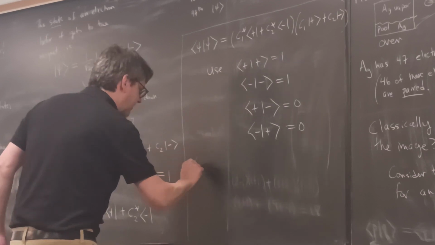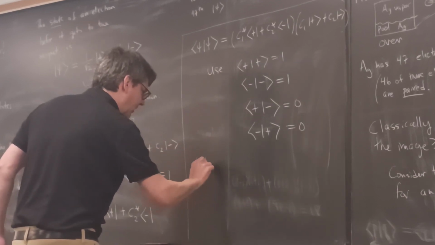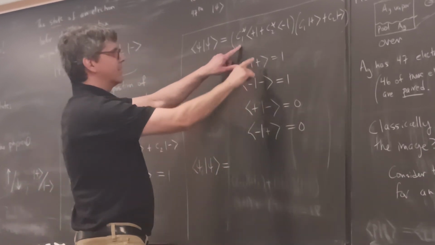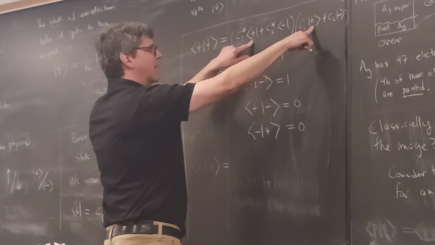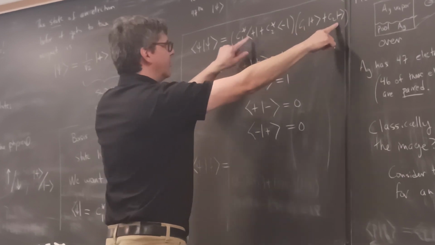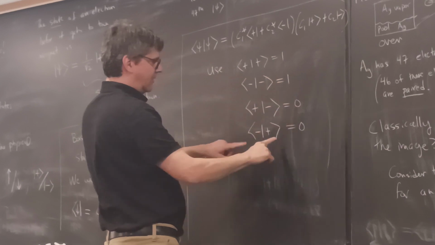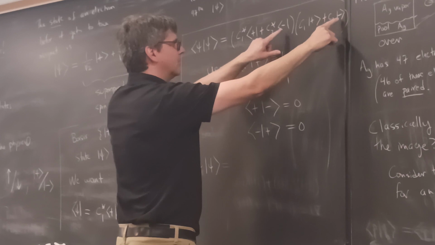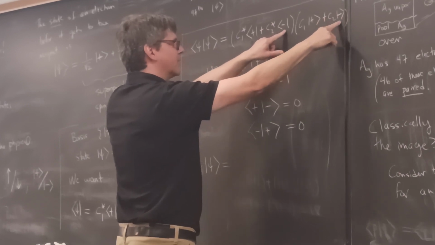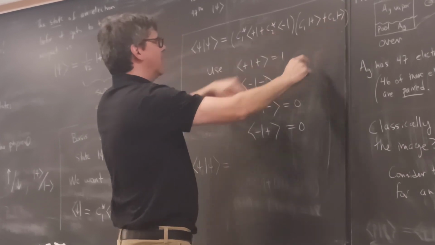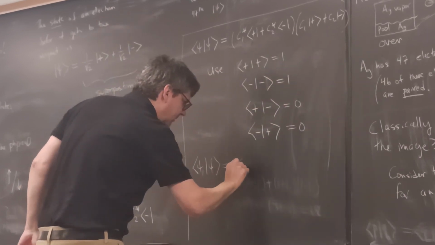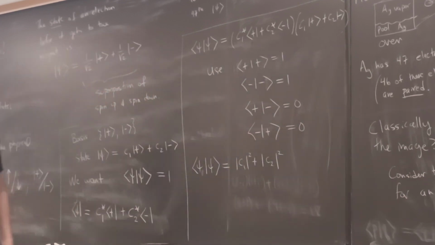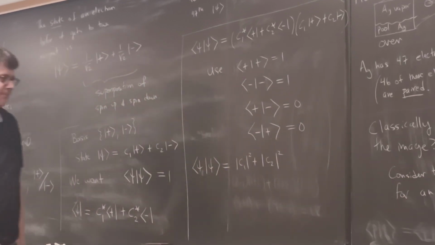So the inner product of psi with itself: this plus is going to hit this plus here and give me a 1. I won't get a contribution from these two because a plus will hit a minus. And this minus will only give me a contribution from that minus. So we'll end up with the magnitude of C1 squared plus the magnitude of C2 squared. Okay, that makes sense.